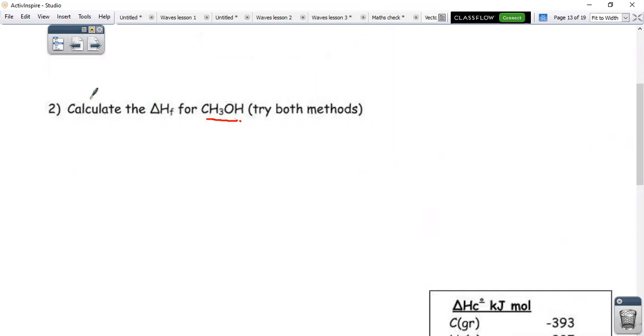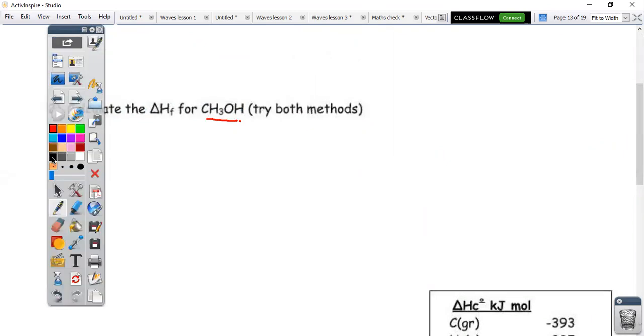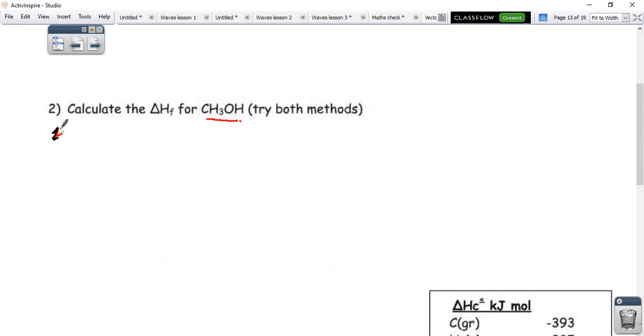So if we go about the first method, and we write out our energy cycle, well, what would this be? First, if we write this out, it would be C plus 2H2 plus H2 plus O2. And this is going to give us CH3OH.